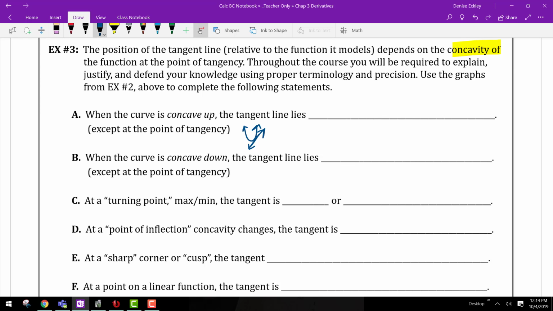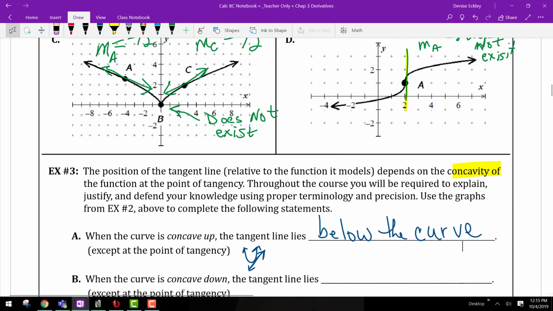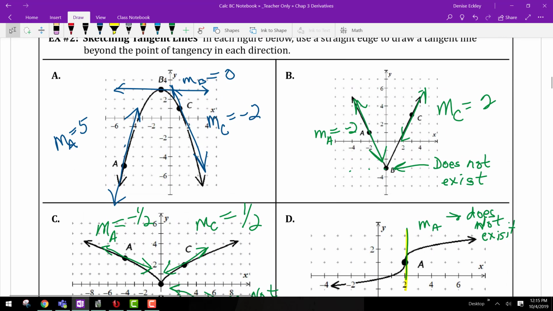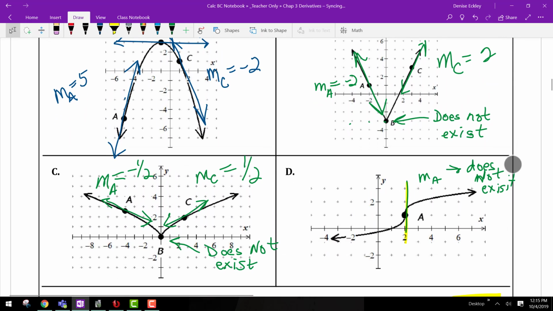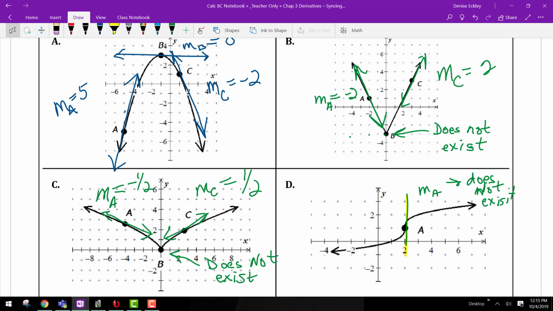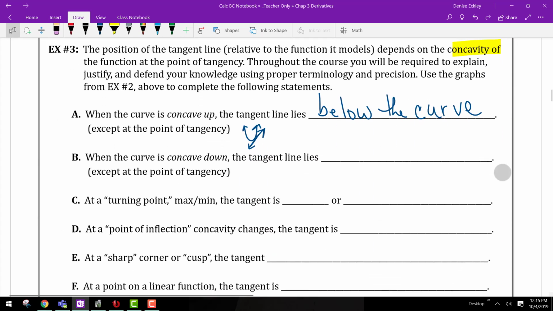So the tangent lies below the curve. Which we can see for graphs like, kind of like letter B. The tangent lines are kind of underneath them, okay?